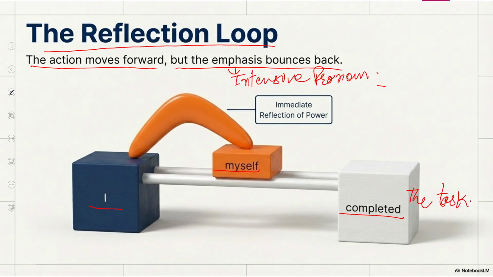Myself is bouncing back at the subject while the whole action is moving ahead. This is the action of the intensive pronoun. The intensive pronoun moves backward while the action moves forward. This is another aspect of the intensive pronoun.